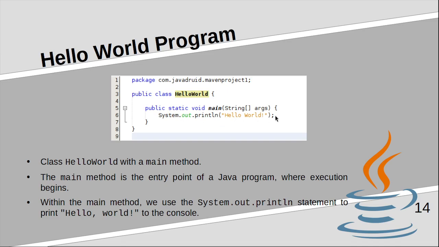This program doesn't do anything else. This is just for you to see what the simplest Java program looks like. If you compile and run it, it will print to the console, to the terminal, and it will finish. That's it.